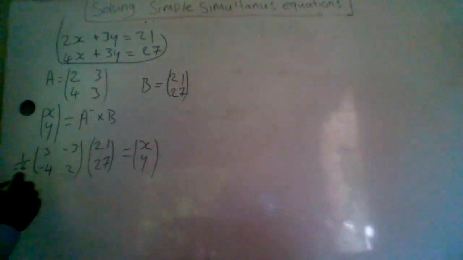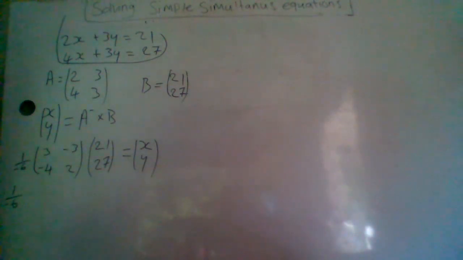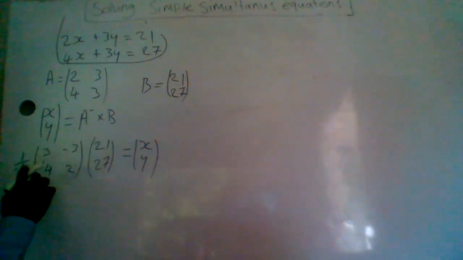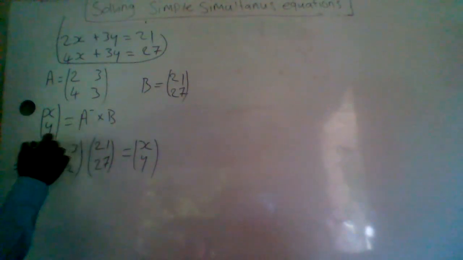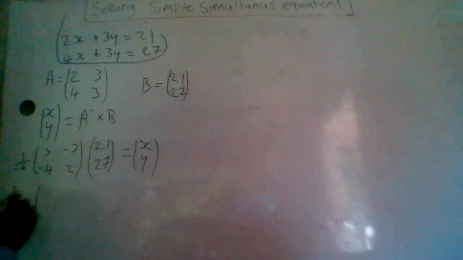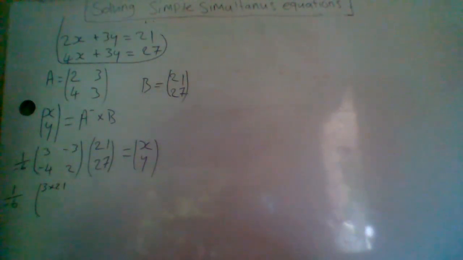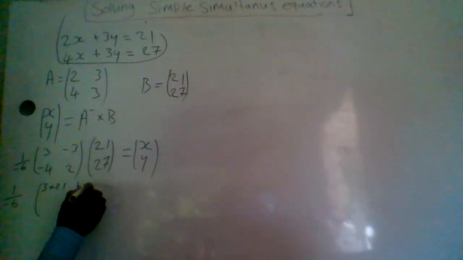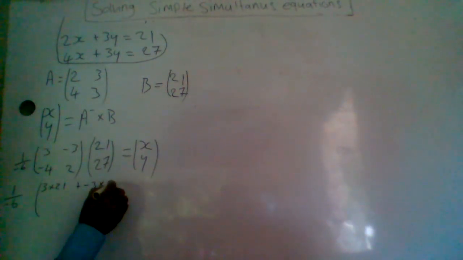So now we'll go ahead and leave the scale factor of negative 1/6, and we'll multiply these two matrices. So we'll have now 3 times 21 plus negative 3 times 27.